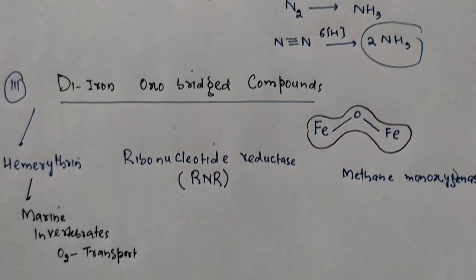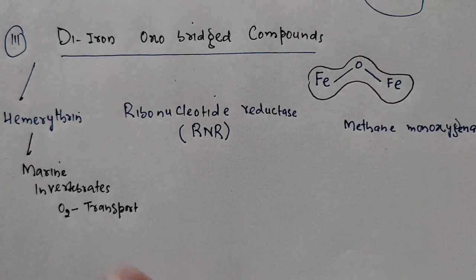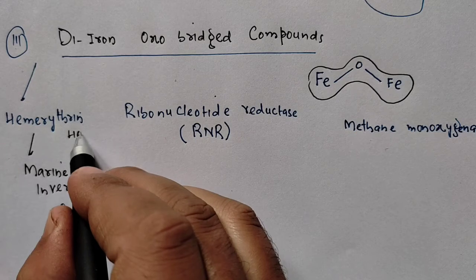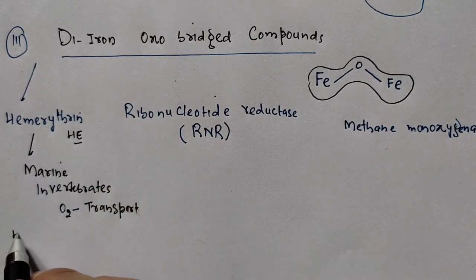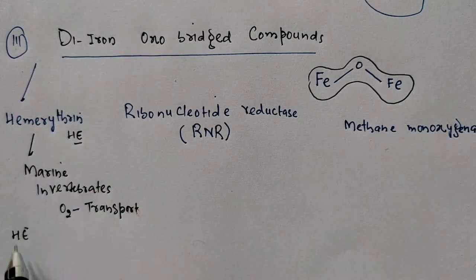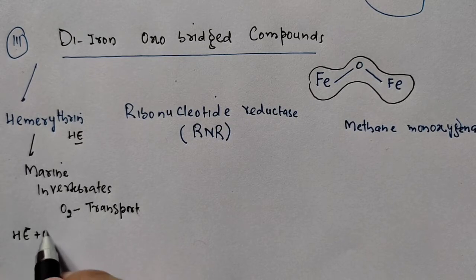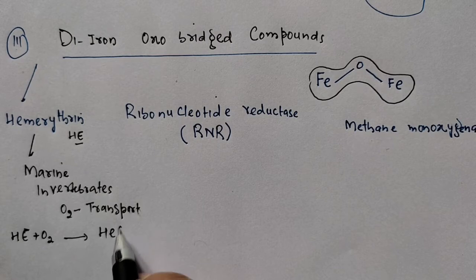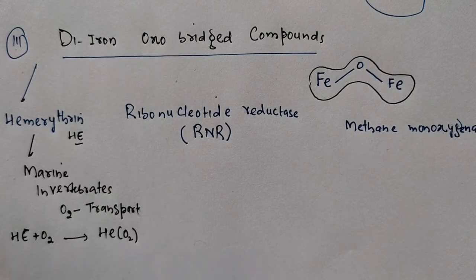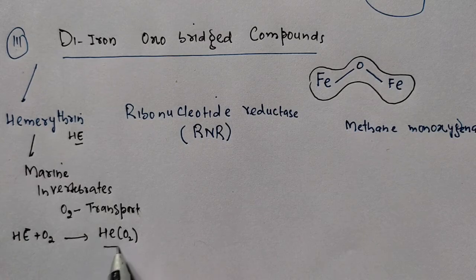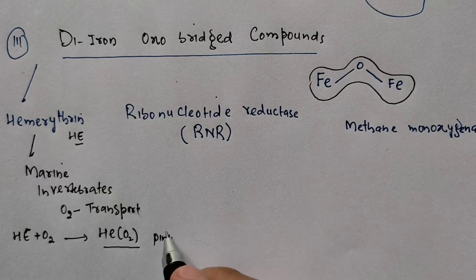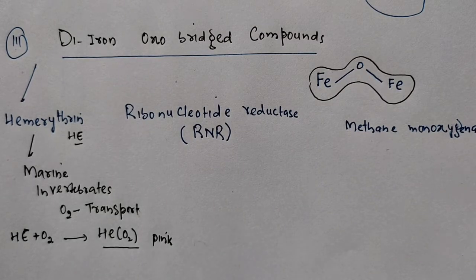Now here is an important thing we are discussing. Let me write hemerythrin as HE for shortcut. When HE binds oxygen, we say it is oxygenated hemerythrin. For example, I will show it like this roughly. This oxygenated hemerythrin gets a pink color. So its color is pink when it is bound with oxygen.